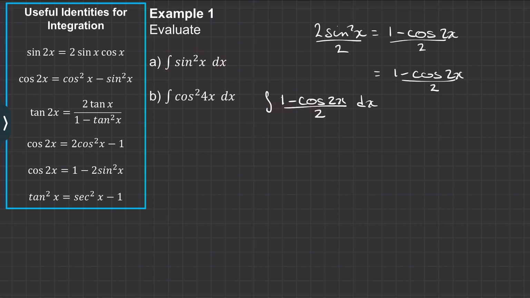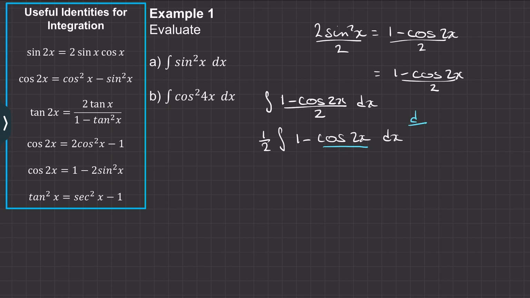So to integrate this, we're going to move the division of 2 out in front of our integral. So it becomes 1/2 of the integral of 1 minus cos 2x with respect to x. And we're going to focus next on integrating cos 2x. And we'll do this using the reverse chain rule.